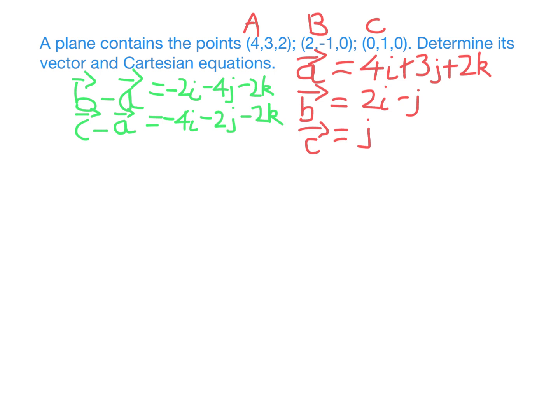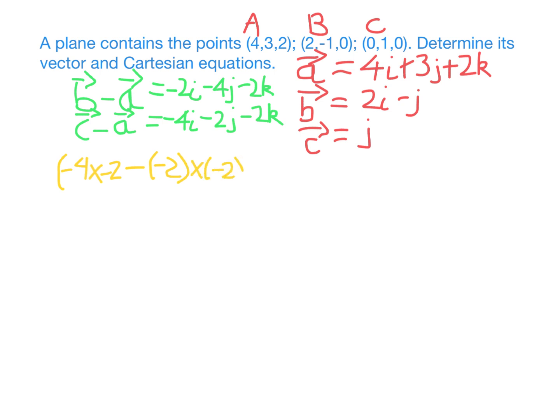So to find a vector that's orthogonal to these two direction vectors, we simply calculate their cross product. For this orthogonal vector, the i component will be negative 4 times negative 2, subtract negative 2 times negative 2.